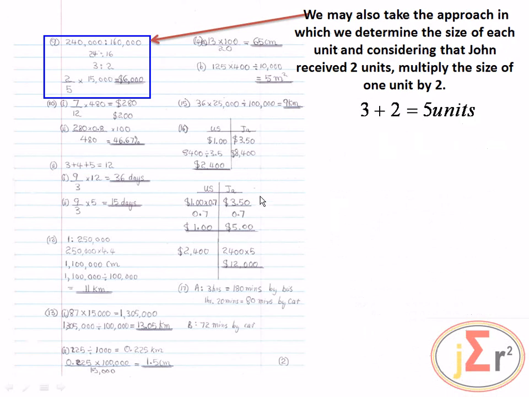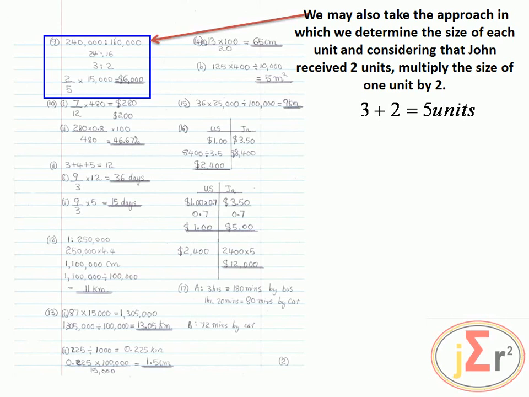We may also take the approach in which we determine the size of each unit, and considering that John received 2 units, multiply the size of 1 unit by 2.